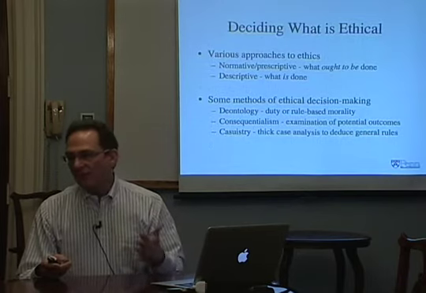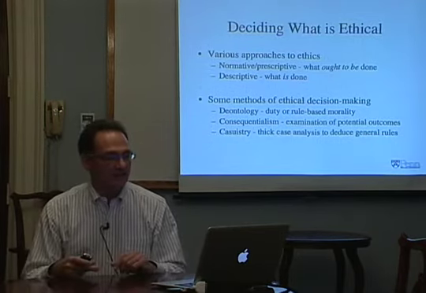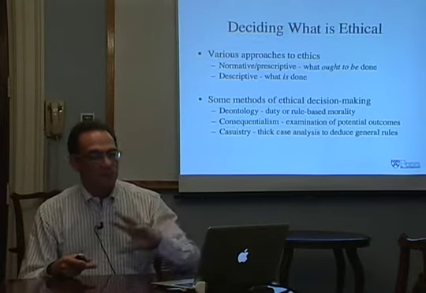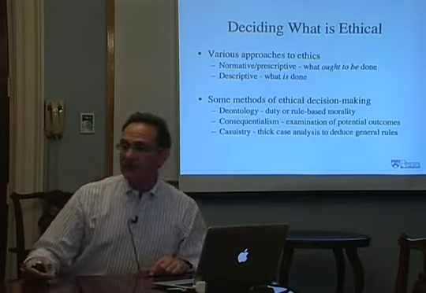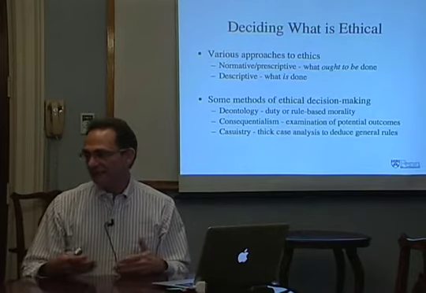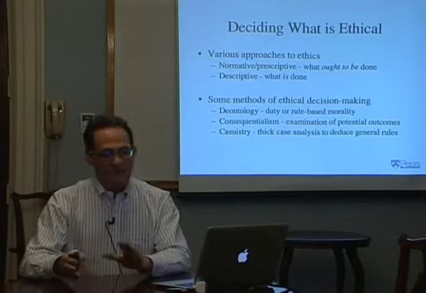So how do we decide what is ethical in any field, really? There are various approaches to ethics. We can think of ethics as normative or prescriptive, and here we're asking the question, what ought to be done? You can look at a situation and say, well, here's maybe what people really do, but that's not ethical, and what we really should be doing is something else, as opposed to descriptive.